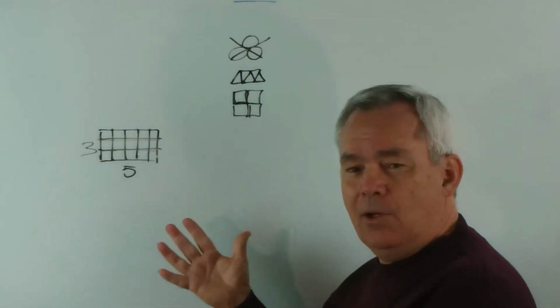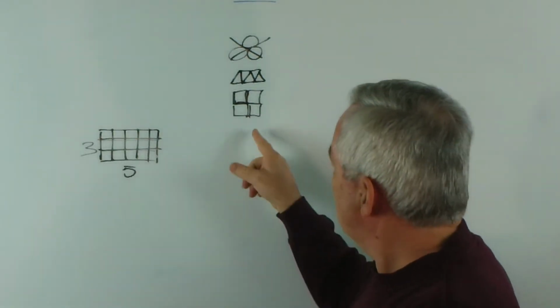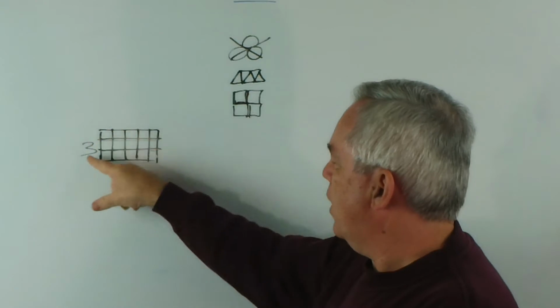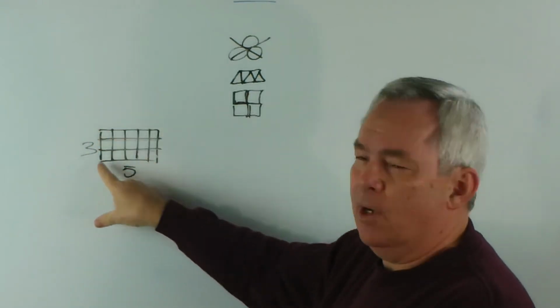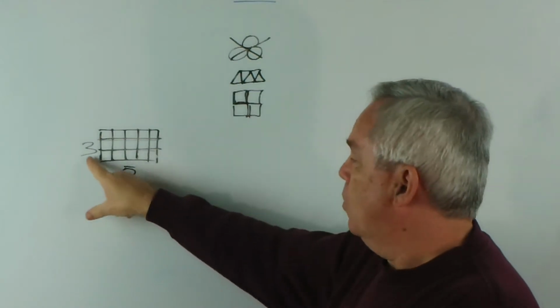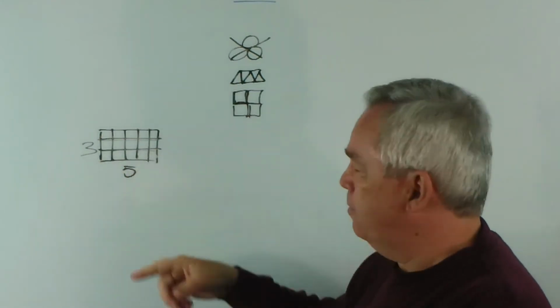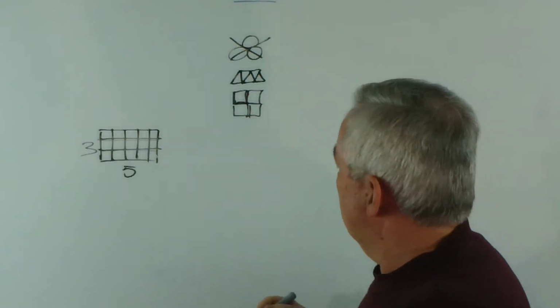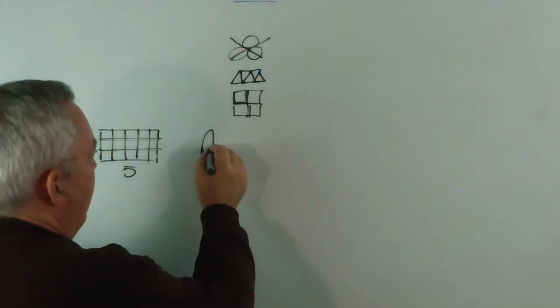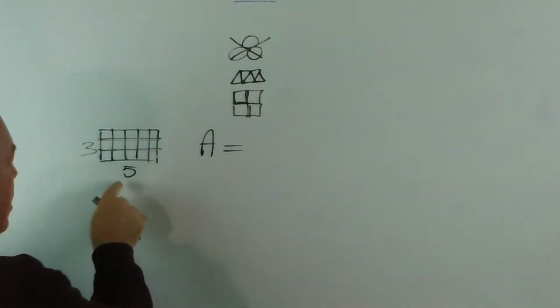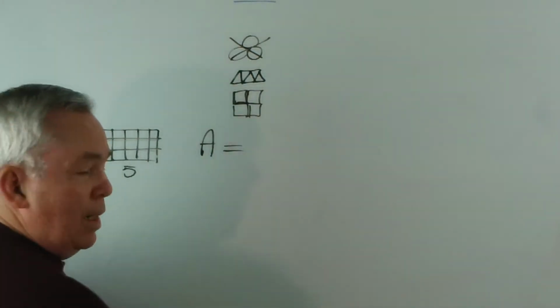Now that's the underlying concept, that we measure in square units, and a fast way of calculating within a rectangle is to multiply the number of rows by the number of columns, or this length by this length. Now, to summarise the formula, we would write area equals, we can call it length 1 by length 2.